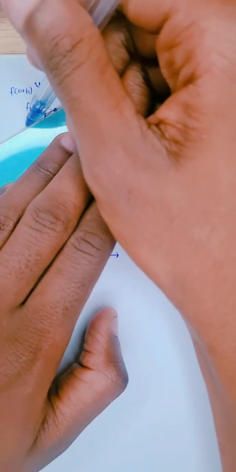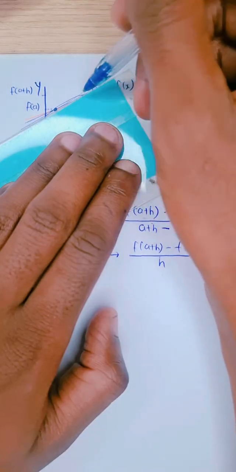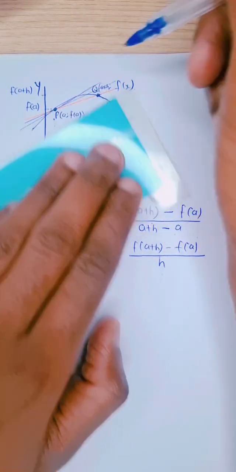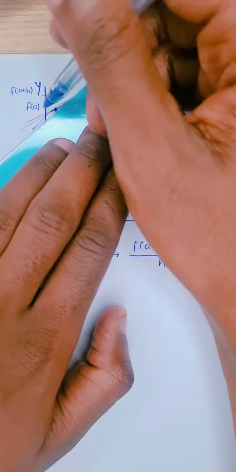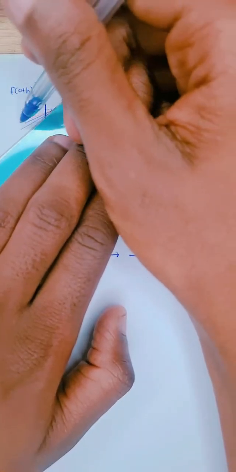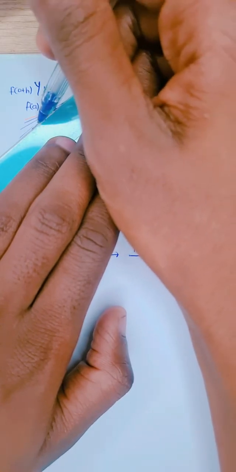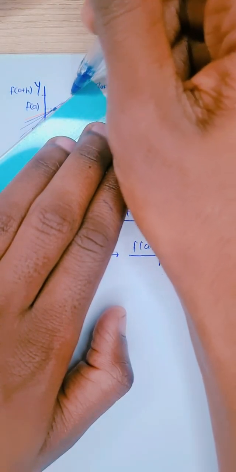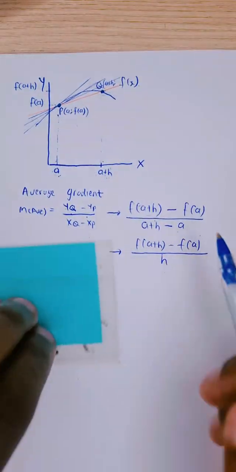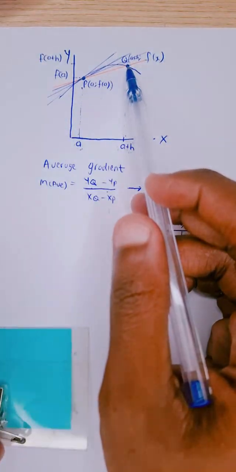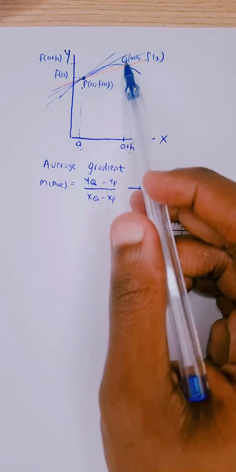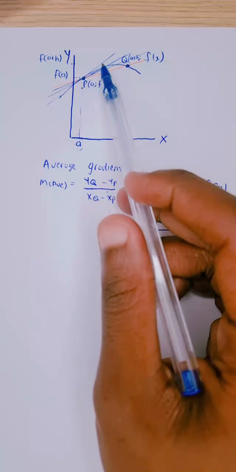You see the very same line going like that. What happens as Q gets closer and closer to P?